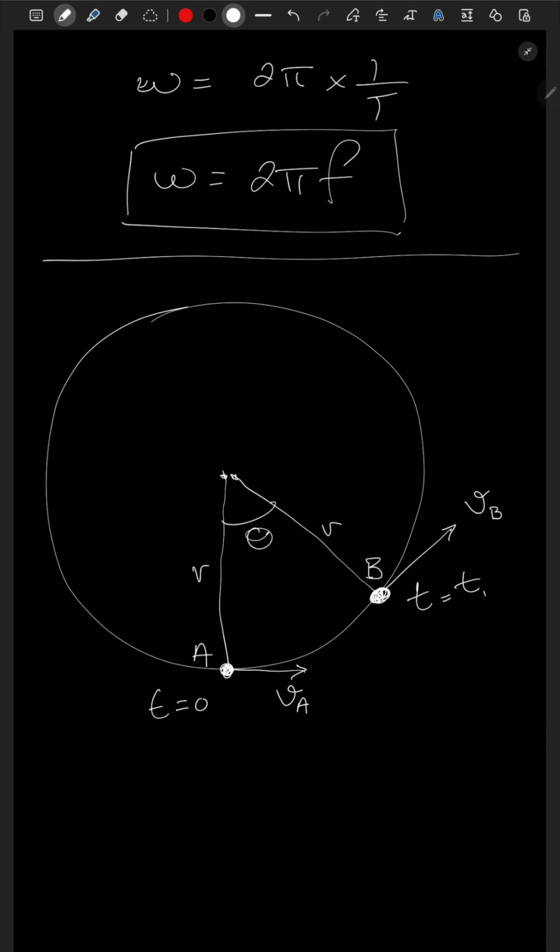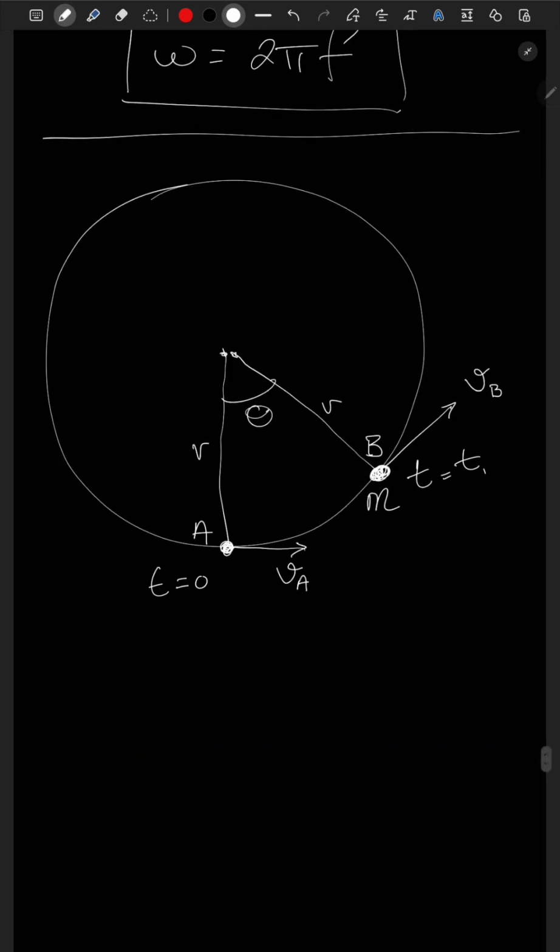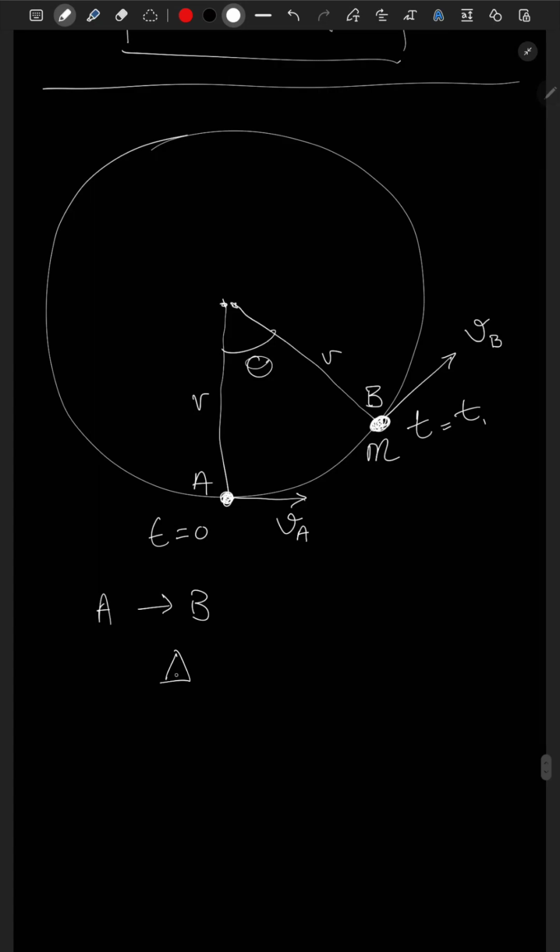Okay, now we consider this particle of mass m moving around in a circle of radius r at constant speed. So in moving from A to B, the change in the velocity would be Vb minus Va. This is just like addition and subtraction of vectors. So we can add minus Va.